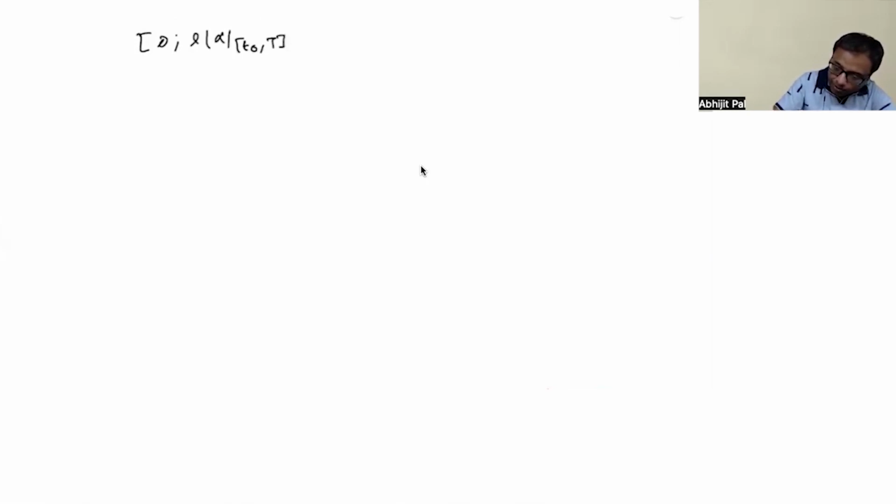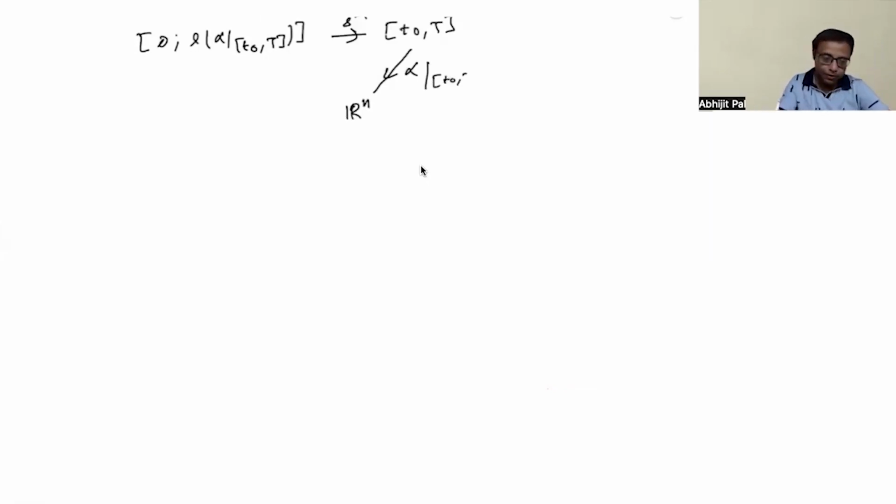S inverse is a map from this interval to T0 comma capital T, and alpha is defined on this interval. So alpha restricted to T naught capital T is defined here. And we again have this map, which is basically alpha compose S inverse. So this diagram will commute.